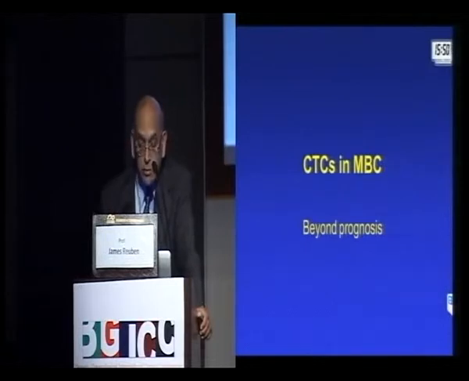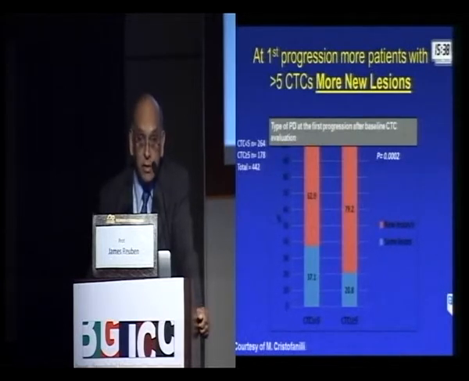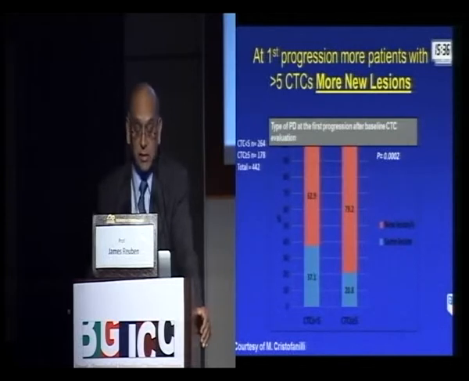Since then, we've been able to look at our history over the last 10 years, as I mentioned, and we've looked at a meta-analysis of all of these patients, around 440 patients that we've had screened and detected circulating tumor cells in the last 10 years.